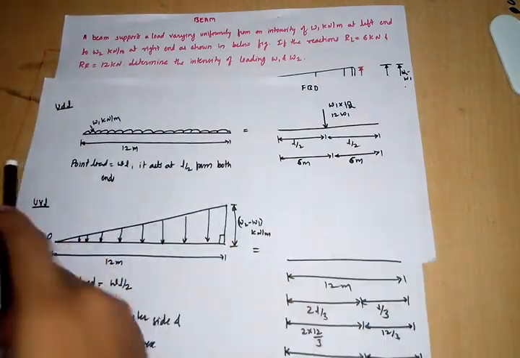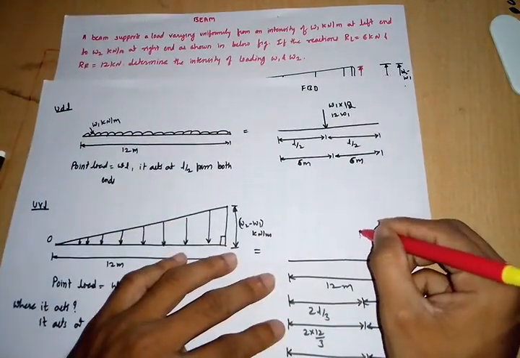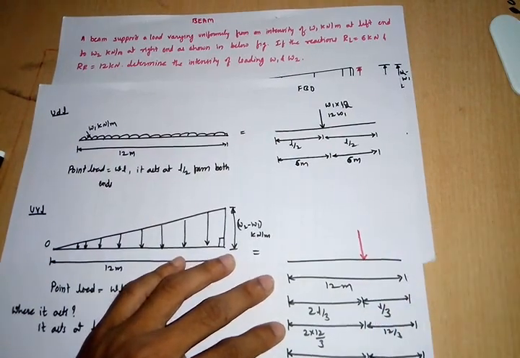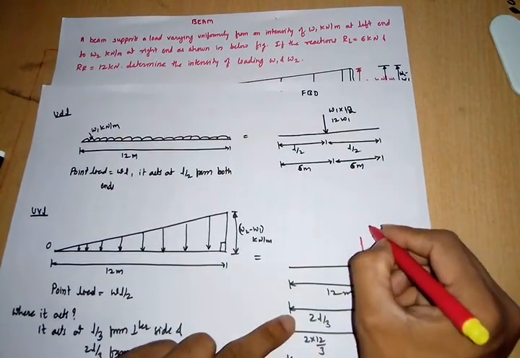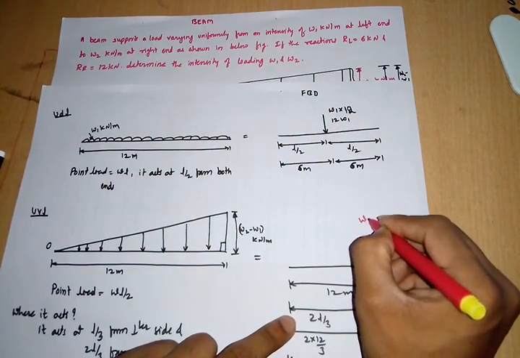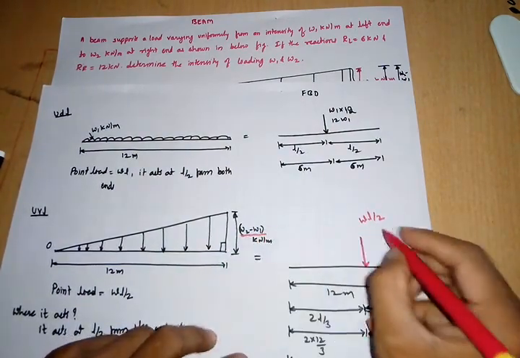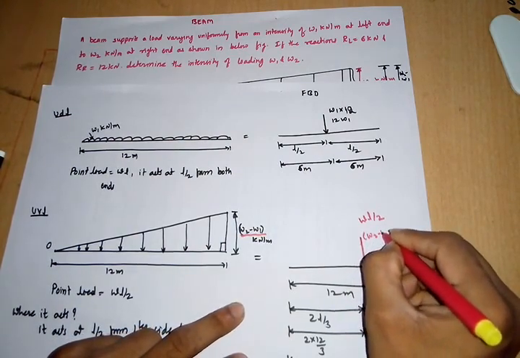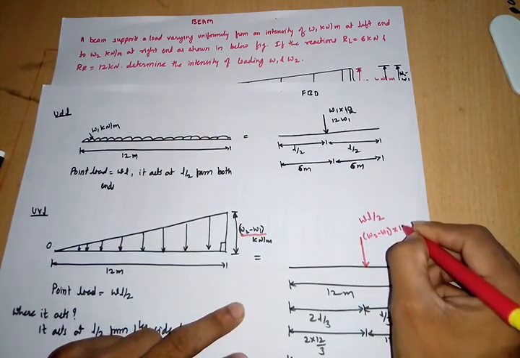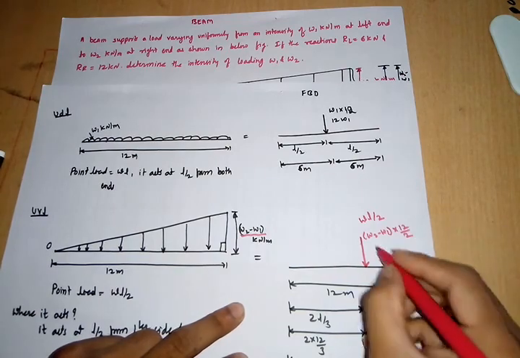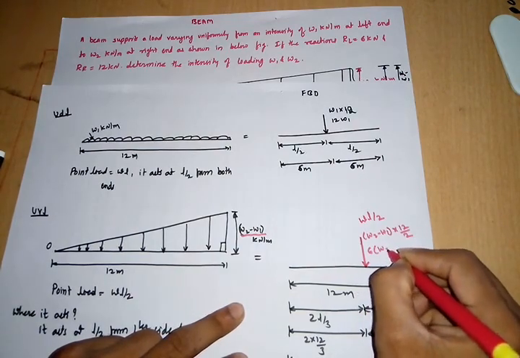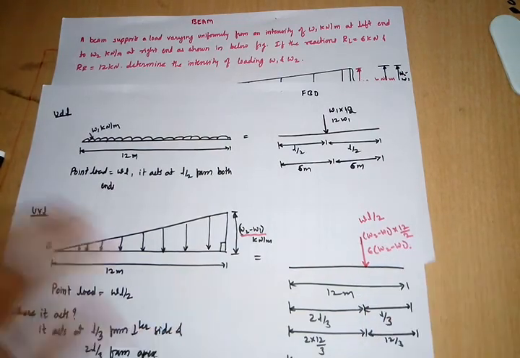So our force is going to act here, that is WL by 2. Here W is W2 minus W1, multiplied with 12 by 2, so it is 6 times (W2 minus W1).